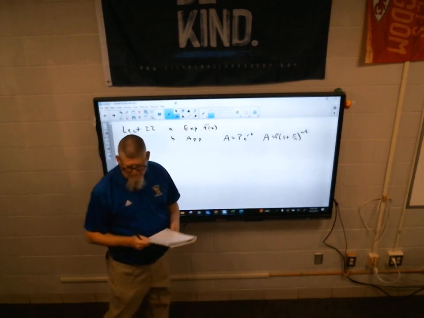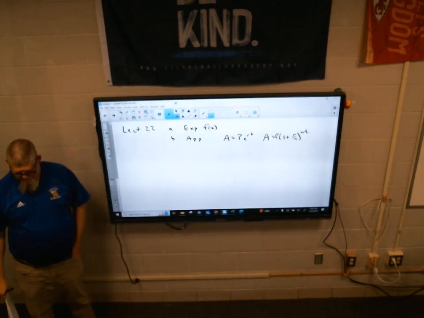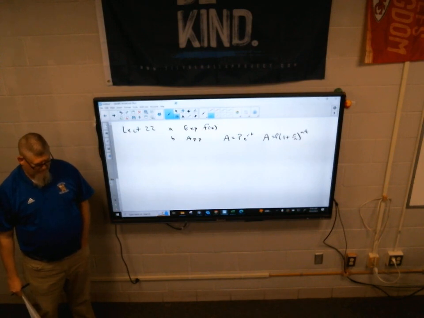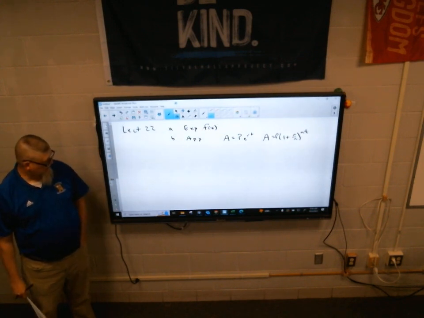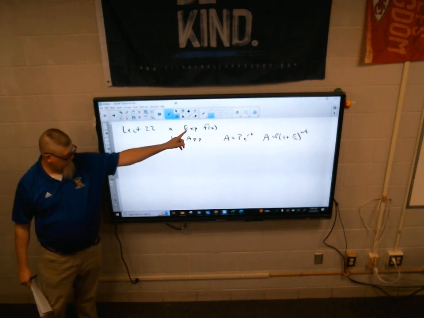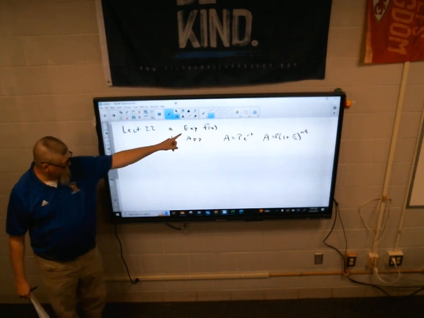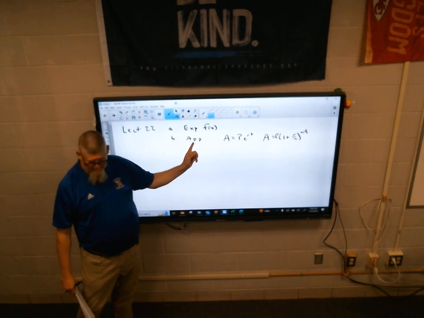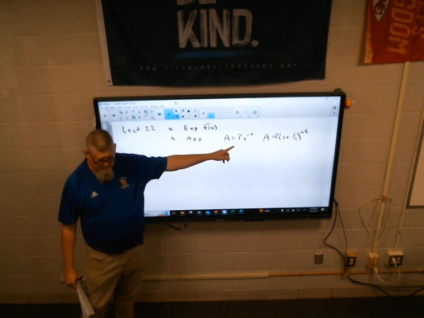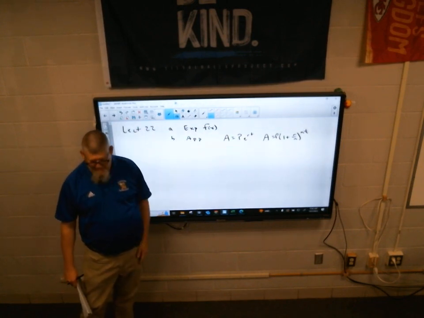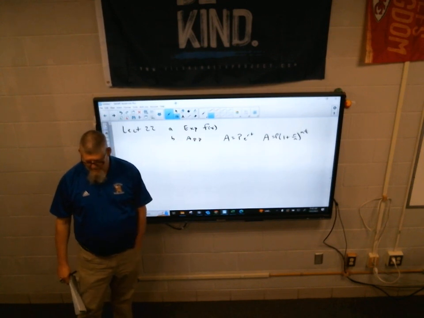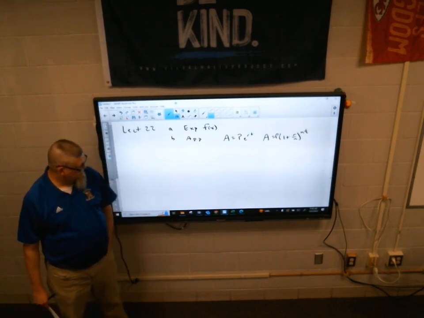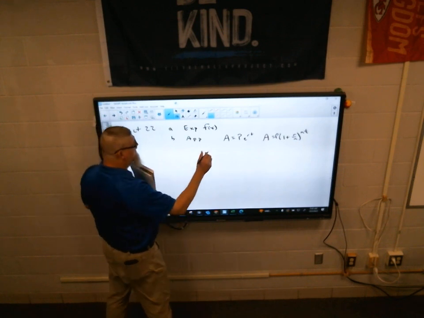We did compound interest formulas on Thursday, Friday, remember that? What's the first application? Continuous compounding. A equals Pe^(rt). Principal, natural log.